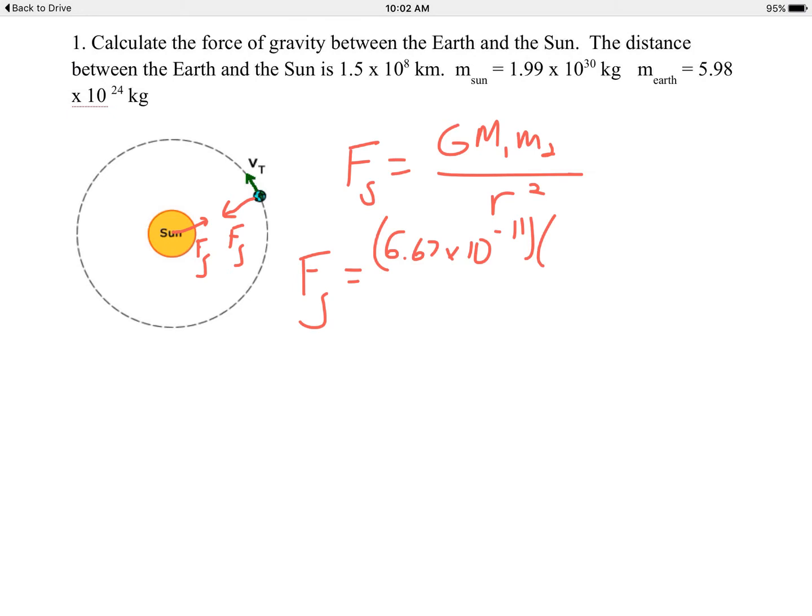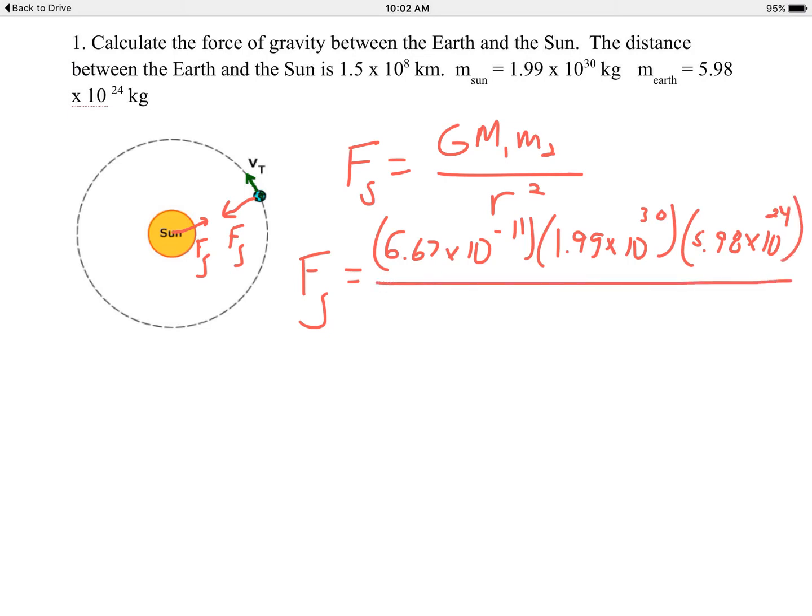But the mass of the Sun here, I'll put first, 1.99 times 10 to the 30th, times the mass of the Earth, 5.98 times 10 to the 24th. These are all kilograms, standard units. You need to have standard units, divided by the distance from their center to center squared. Once again, these numbers that are published, it doesn't state that here, but it's implied that that always means center to center as published.